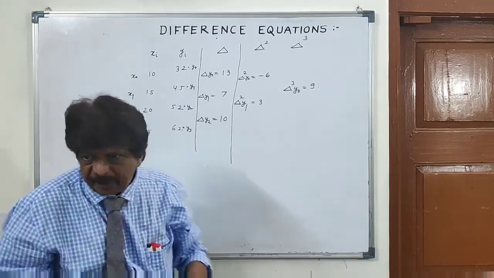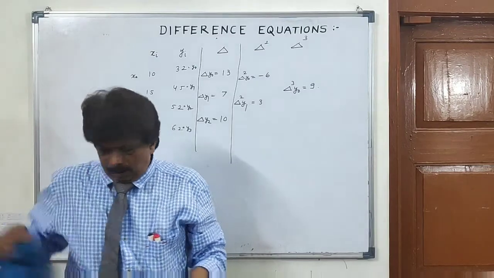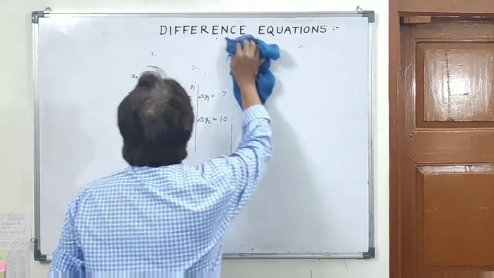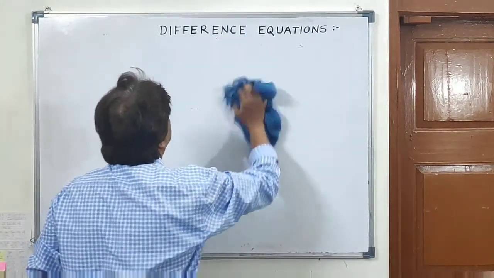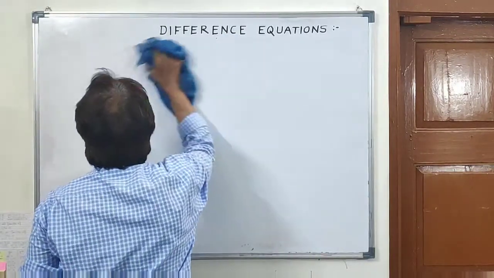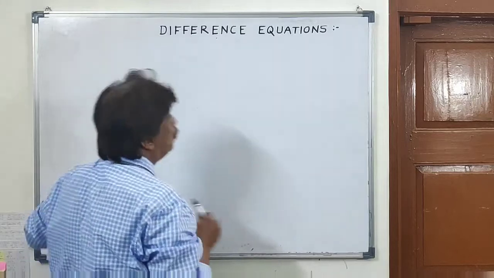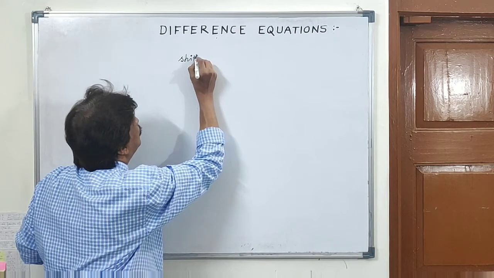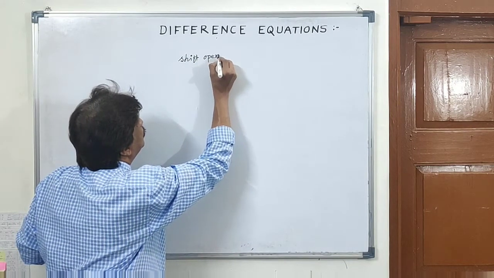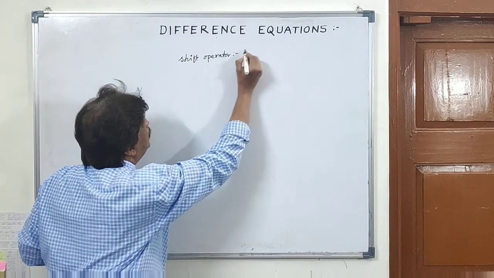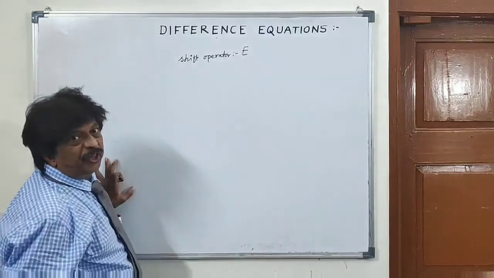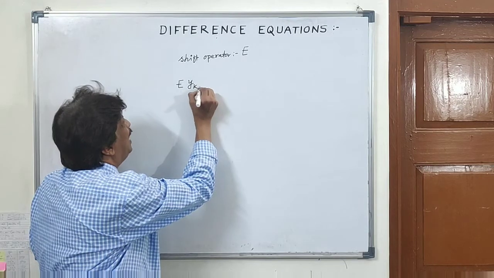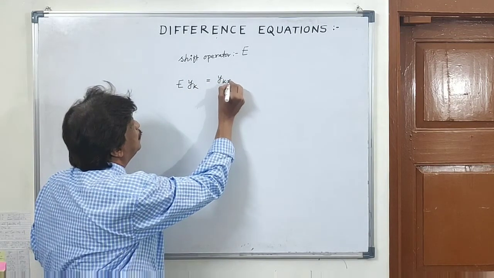So this is the concept of the forward difference operator. One more operator which I studied is called the shift operator. It is denoted by E. It is defined as E of yk is equal to yk plus 1.